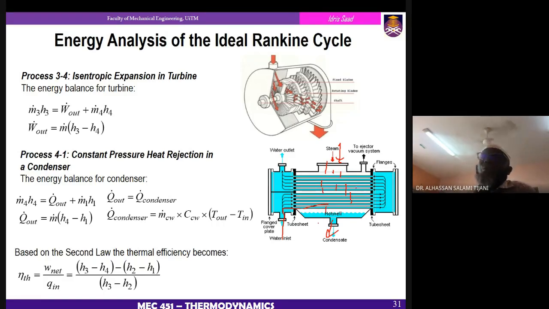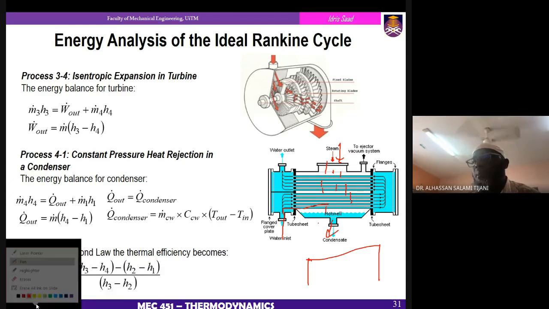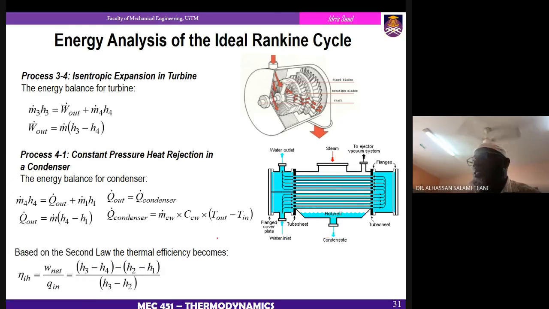If you want to establish the energy balance for the condenser, you can simply make a schematic diagram of the condenser like this. The fluid from the turbine is coming in at state 4 and leaving at state 1 into the pump.